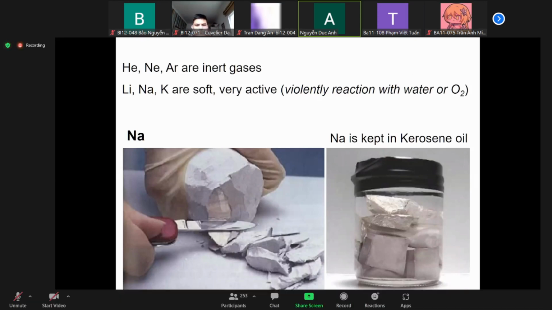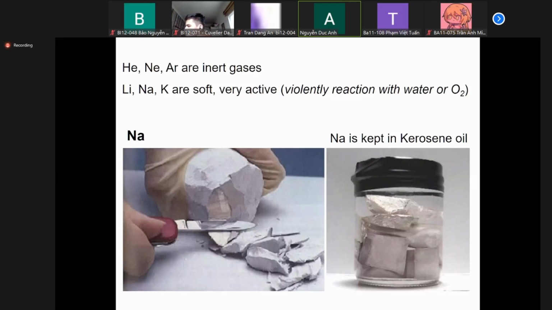Lithium is too active, and it's the reason why sometimes you will see batteries explode. Some accidents happen when the lithium battery of a laptop or phone explodes. So it's the trouble of lithium. It's too active for the normal state.